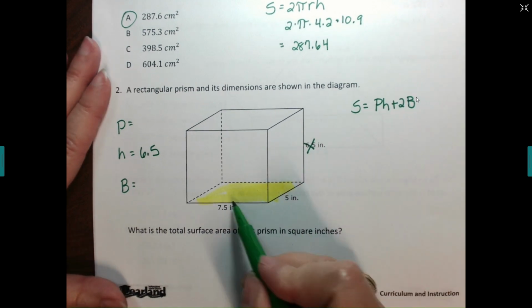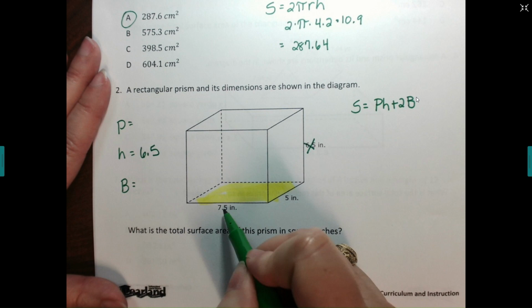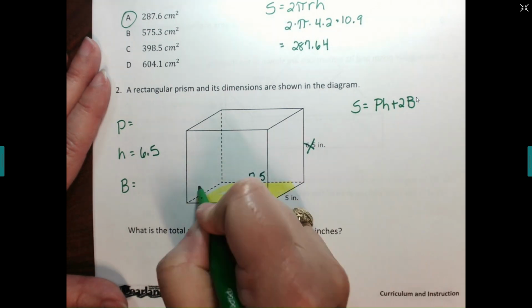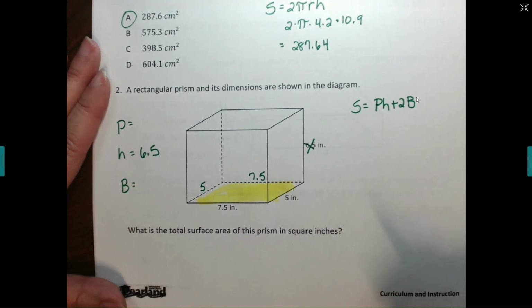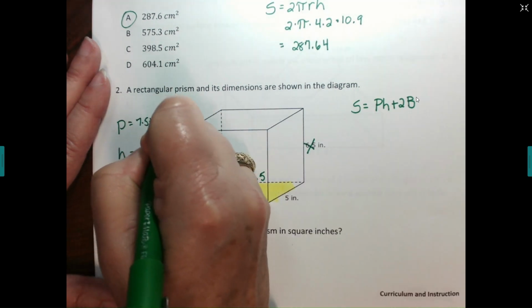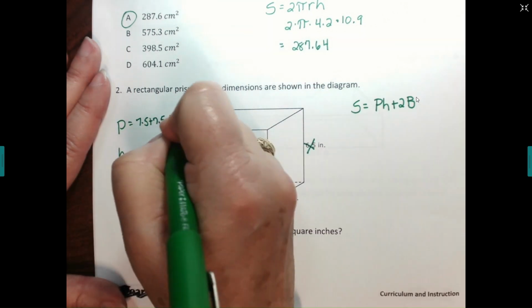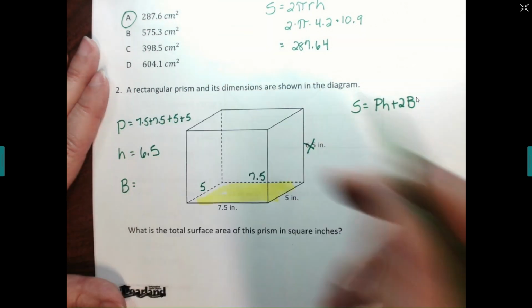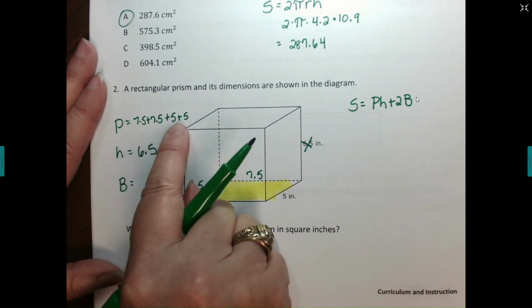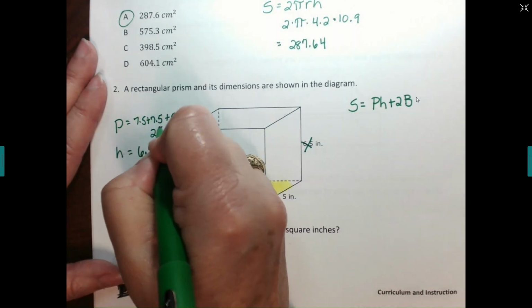So now to find the perimeter of this rectangle at the bottom, I've got to add 7.5 plus 5 plus 7.5 plus 5. 7.5 plus 7.5 plus 5 plus 5. So 7.5 and 7.5 is 15, and 15 plus 10 is 25.